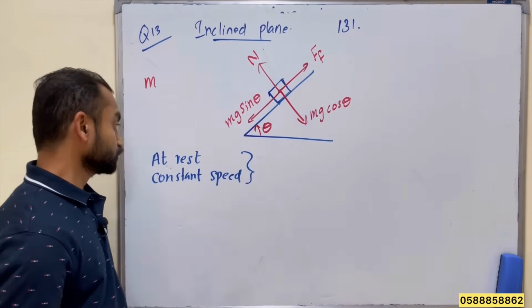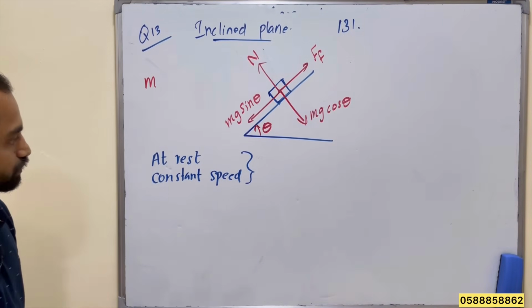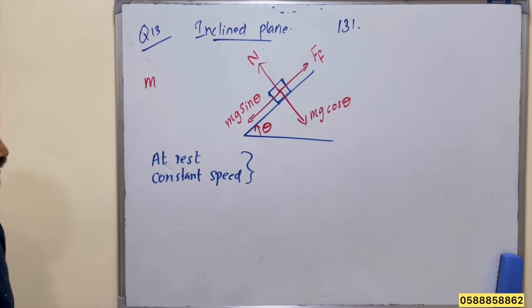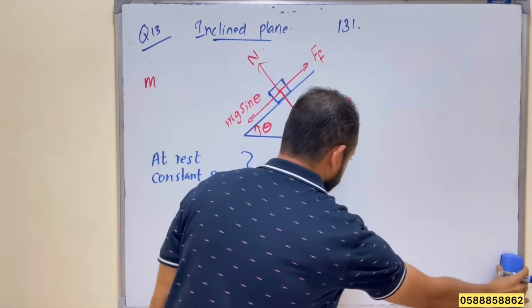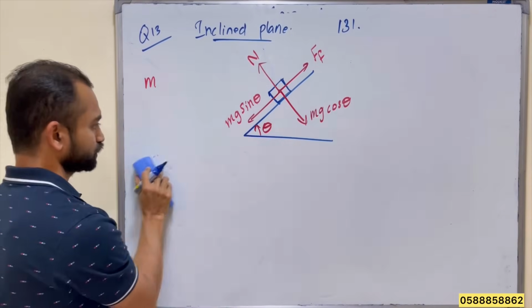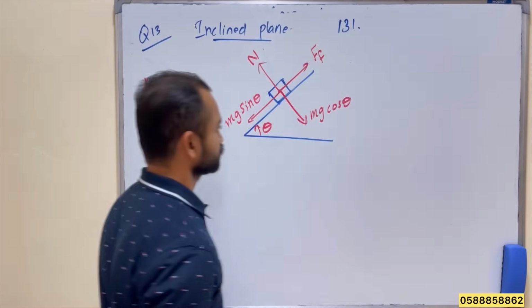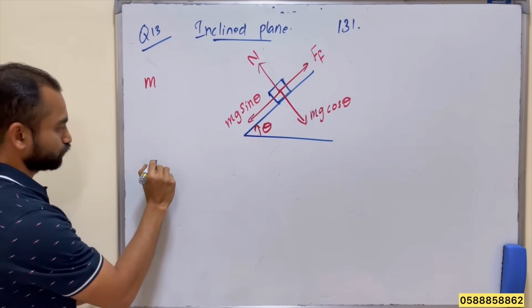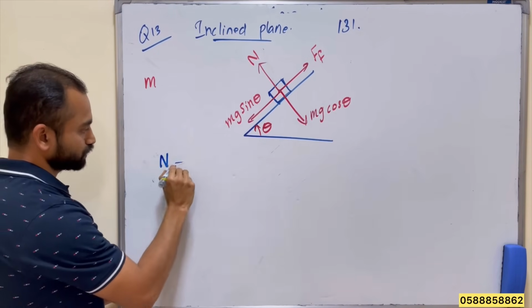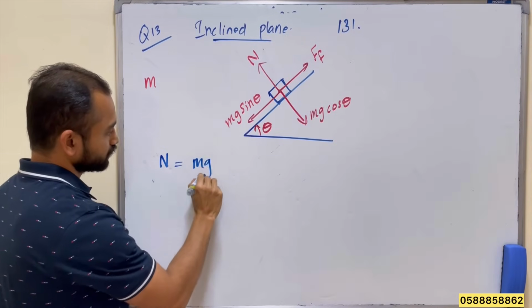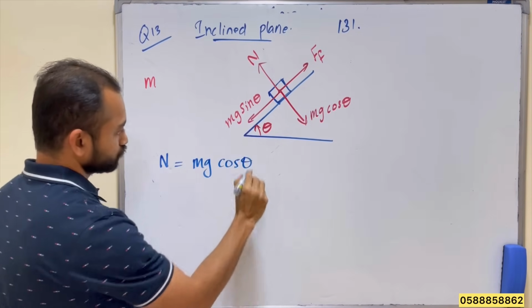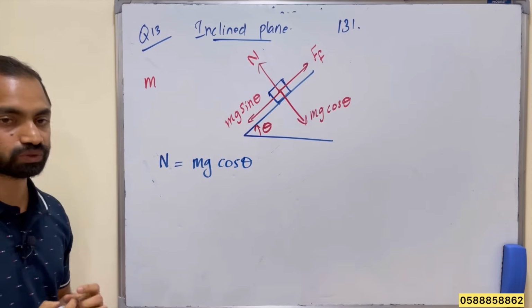Before that, I want to add one point. The normal force will always be equal to mg cos theta.